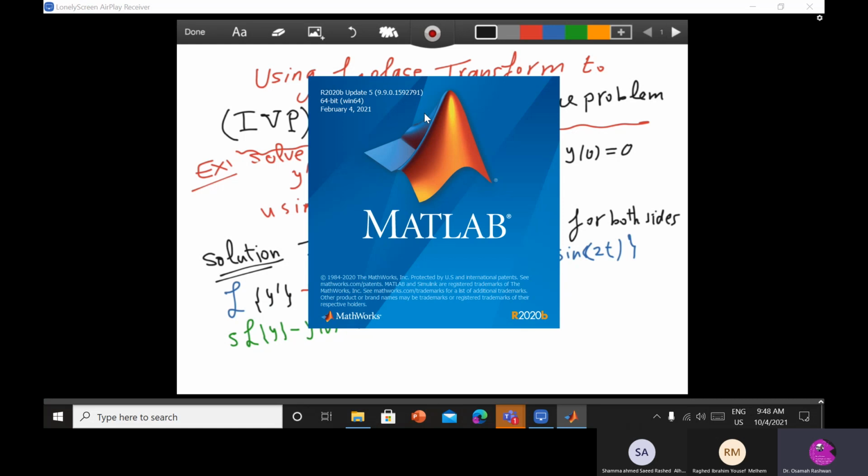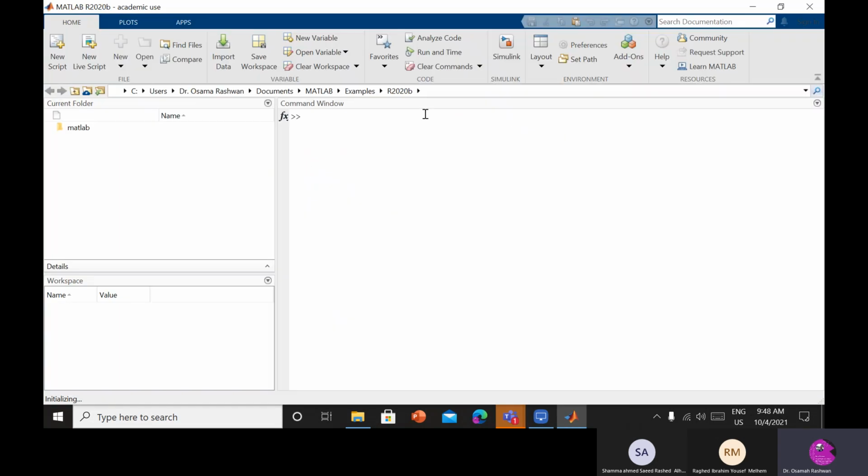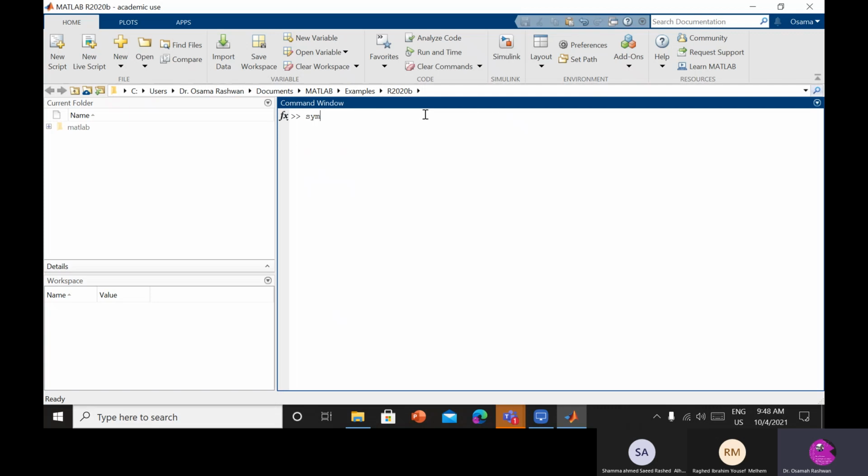And you know how to write the command to find Laplace transform: syms s t; Laplace, open bracket. What's my function? Sine 2t, so 2 star t.